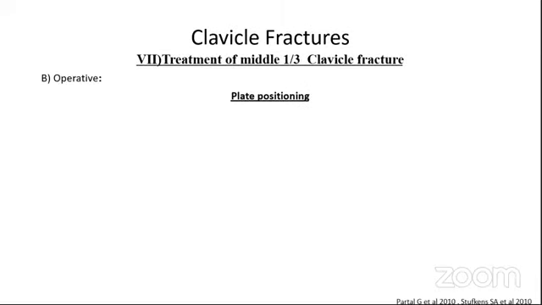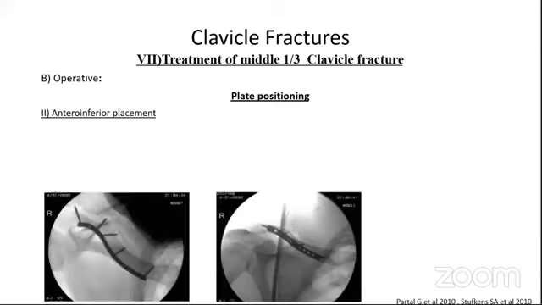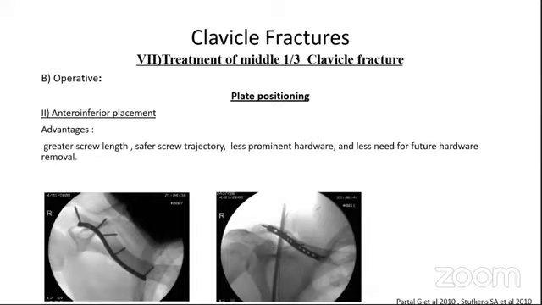The other way of positioning the plate in clavicle fractures is the anterior inferior position. So you reduce the bone, and you put the plate from anterior inferior. It's more covered with soft tissue. You have a safer screw trajectory. You have less prominent hardware.